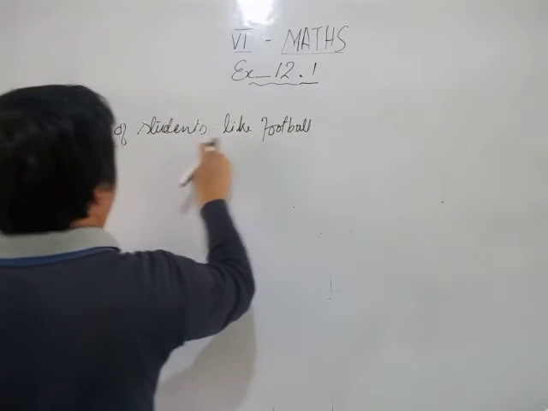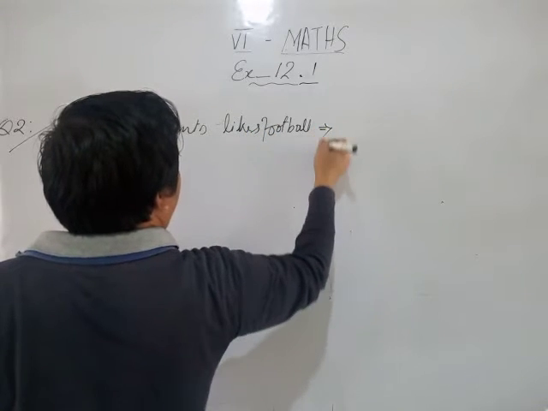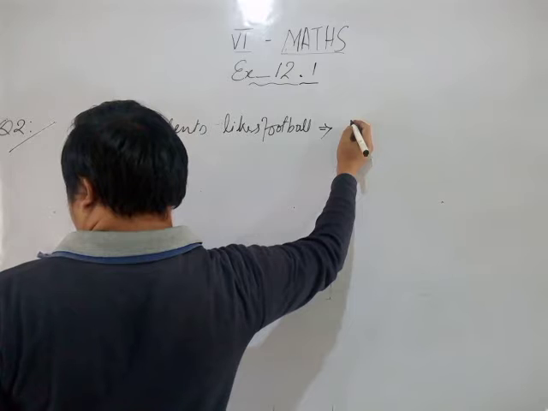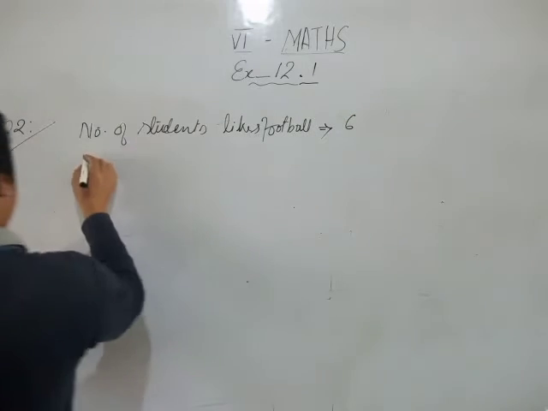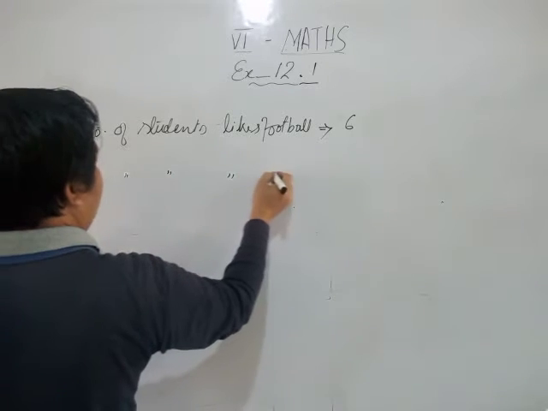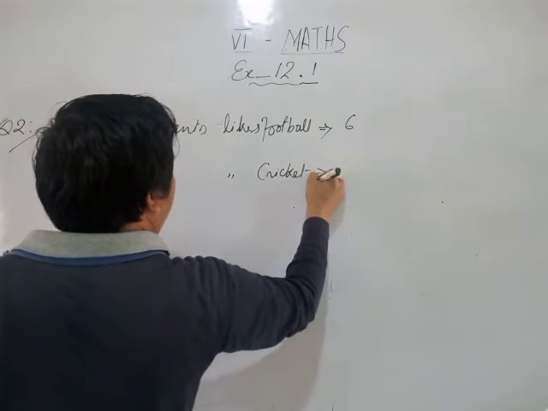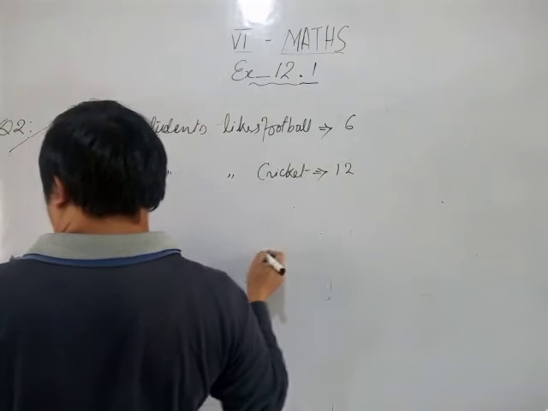Who like football, how many are there? Yes, 6. Then the number of students who like cricket, how many are there? There are 12 students.